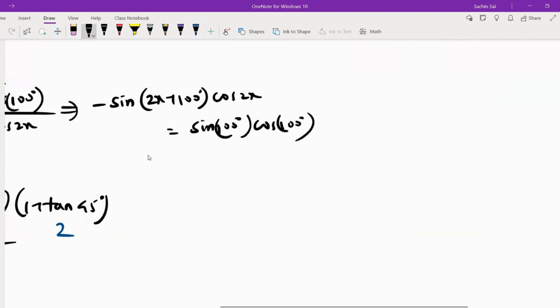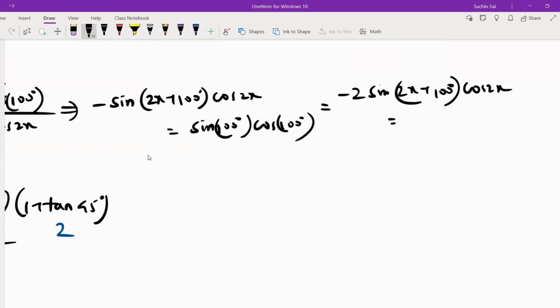Now you can multiply 2 on both sides. So minus 2 sine 2x plus 100 degrees into cos 2x equals 2 sine 100 degrees cos 100 degrees, right?